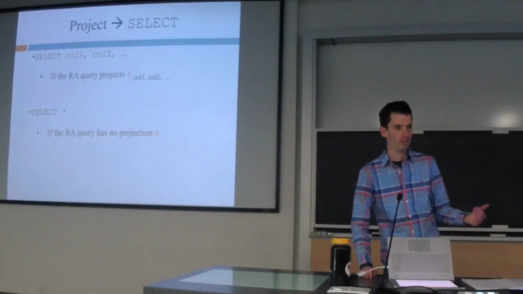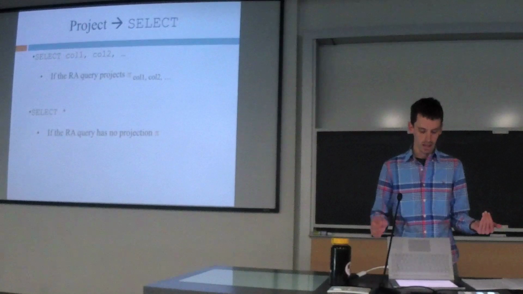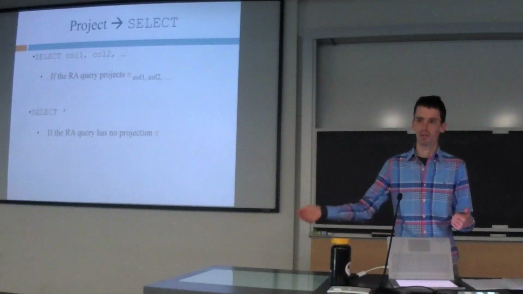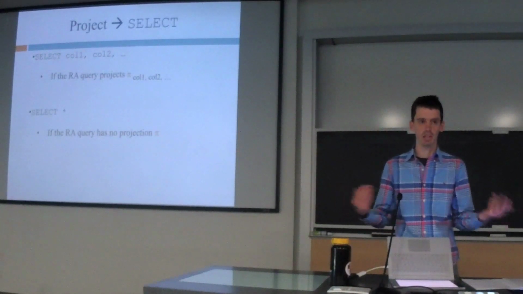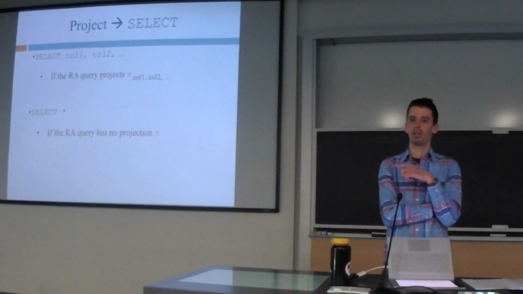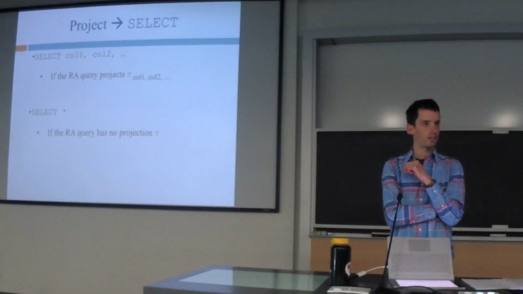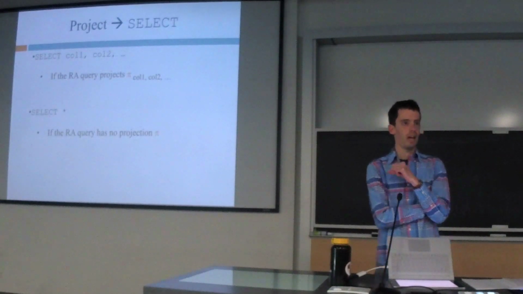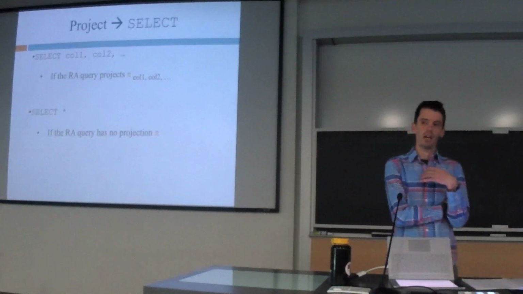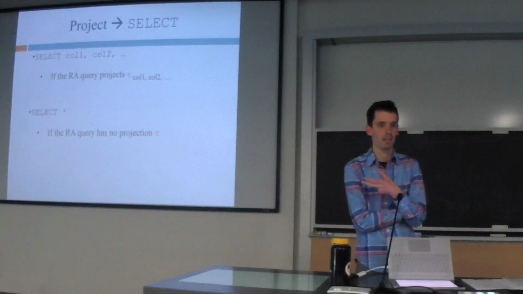So if we have the projection operator in relational algebra, we just say select all of those columns, which directly maps. If we don't have a projection in relational algebra, you still have to have a select in SQL. So you just select star. Every query has to start with select.